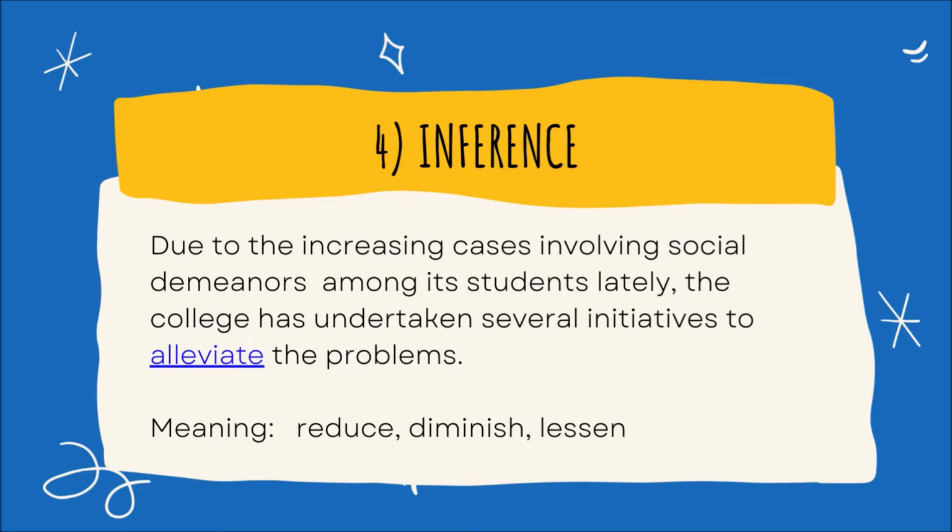So when you have a problem, it is only natural for us to take several actions or initiatives in order to solve that problem. Am I right? So, in this context, the college has undertaken several initiatives to alleviate the problems. So, alleviate here, you can guess the meaning. It is to reduce, to lessen, or to diminish the problem of social demeanors just now.